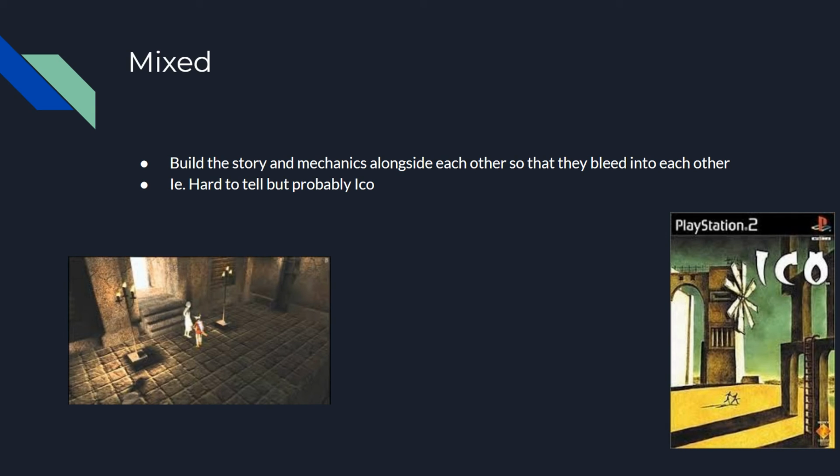So it leads to an interesting situation where it's heavily dependent on the DM and the players. But it might even go into mixed, because it's going back and forth constantly between mechanical mainstay and narrative mainstay.